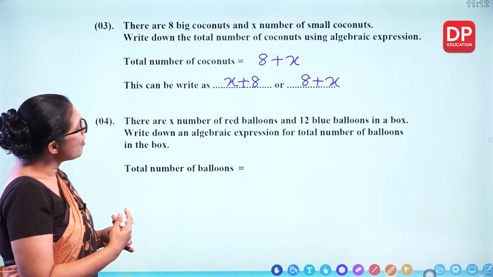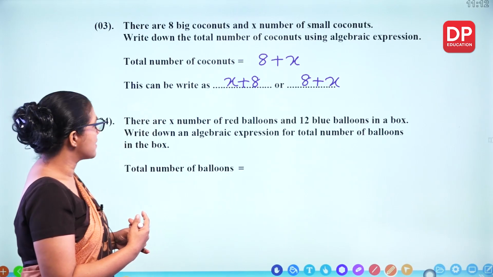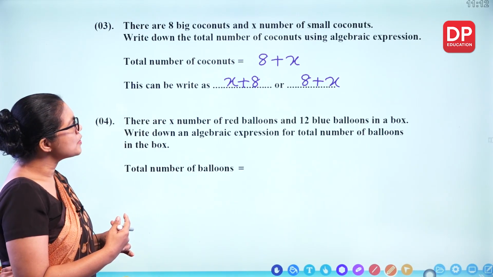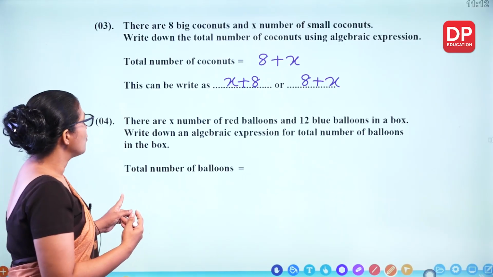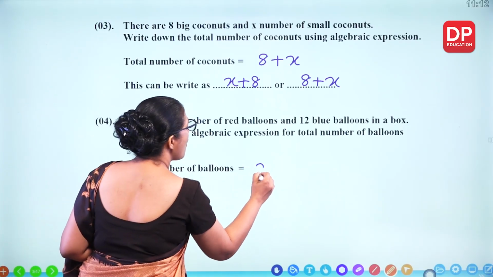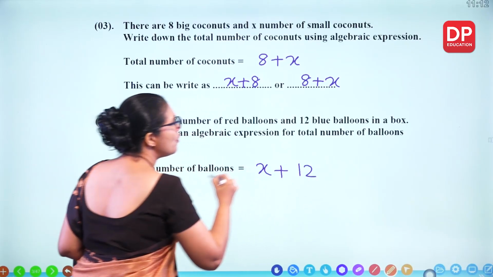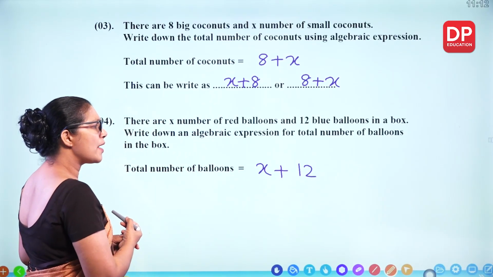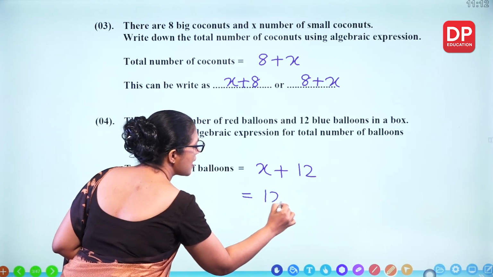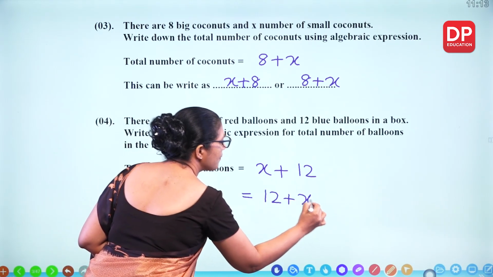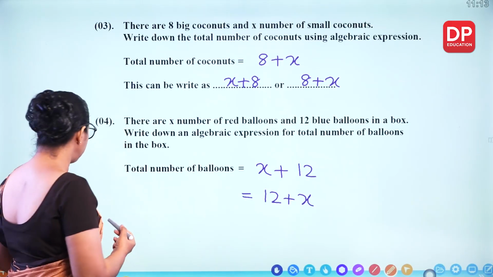There are X number of red balloons and 12 blue balloons in a box. Write down an algebraic expression for the total number of balloons in the box. So you can write X number of red balloons plus 12 blue balloons. So X plus 12 or 12 plus X, same thing. That's the total number of balloons.